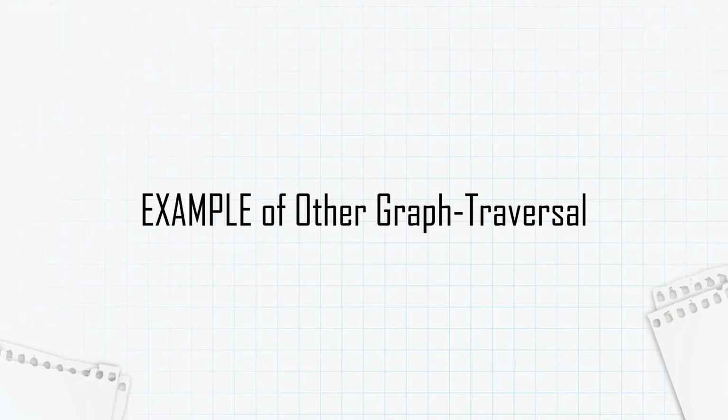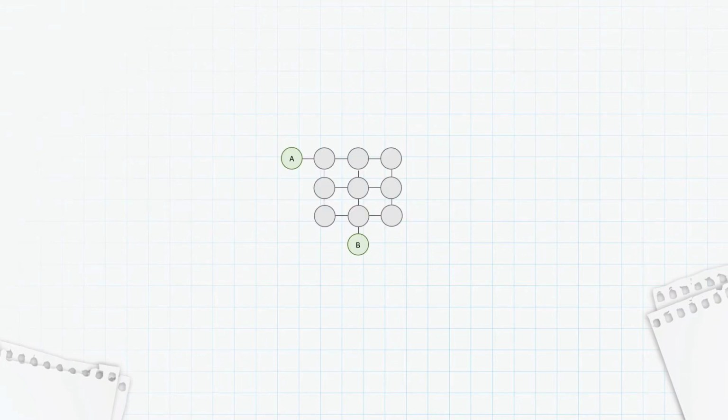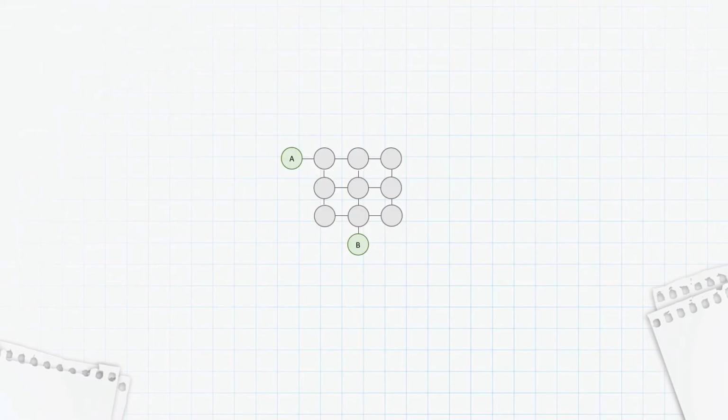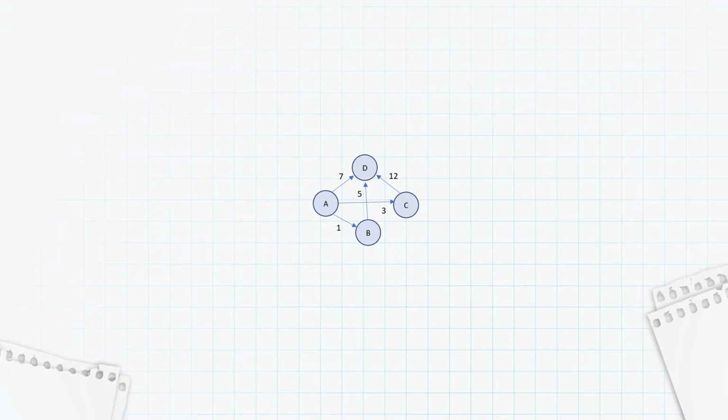As an example of how other graph traversal algorithms work, they will go through each one of the nodes to get from point A to point B. On the other hand, A-star search will find a shortcut to get from point A to point B. So for example, you want to get from node A to node D. Which path will reach node D the quickest?